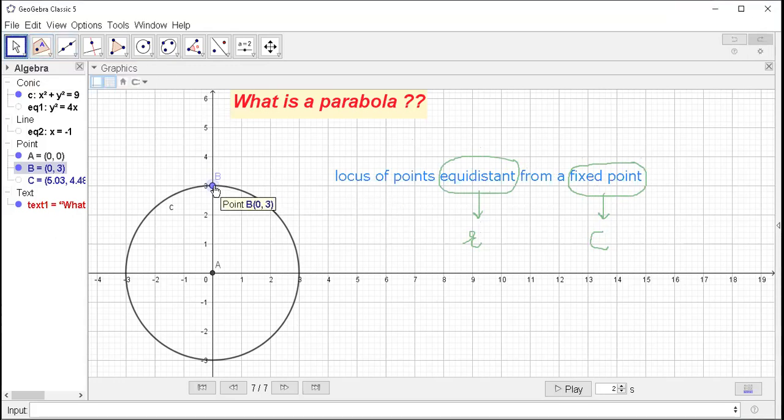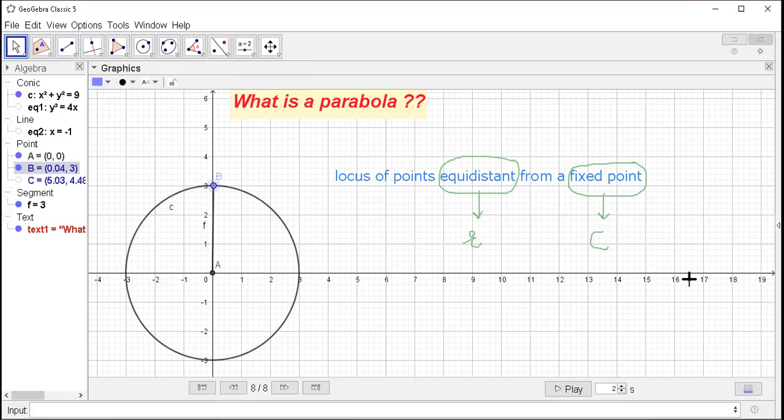So if I move this point B anywhere on my circle, the distance between point A and B will always be the same. How can I show it to you? I can draw a segment from B to A, and that is the segment F. You can see an F over there, and that F for my circle is equal to 3. Now what happens if I move this point B around on the circle? My F is always the same.